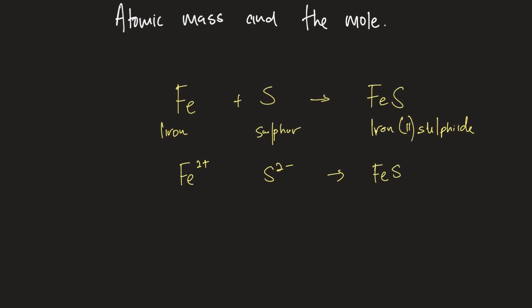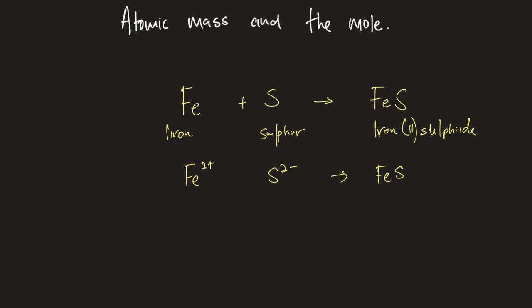So you need to know how to name compounds. If you're struggling with naming compounds, you need to go back to your grade 10 work and go over that section. So what I've got here is a metal plus a non-metal, and that's going to give me an ionic compound. So these are words that should be quite familiar to you.